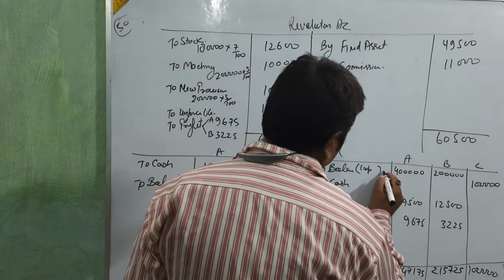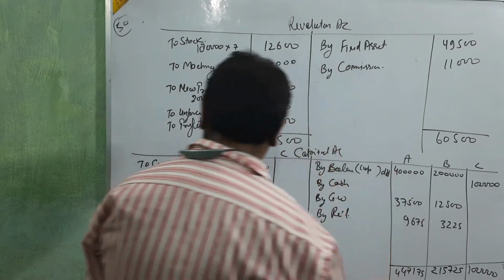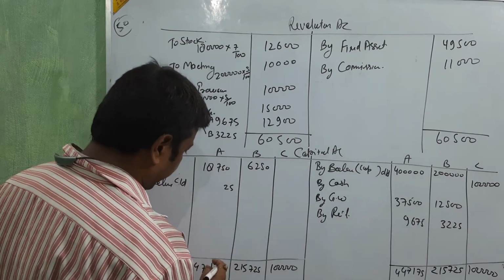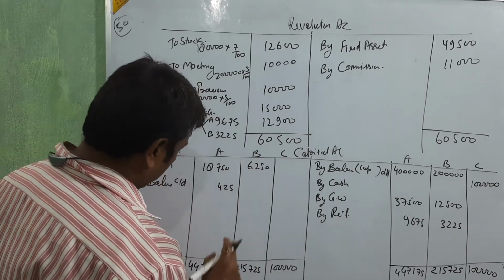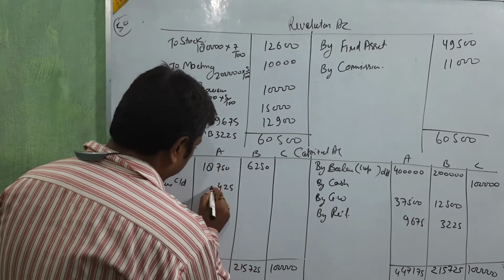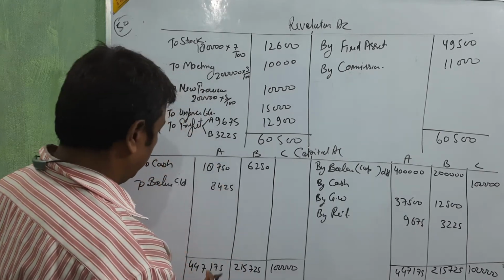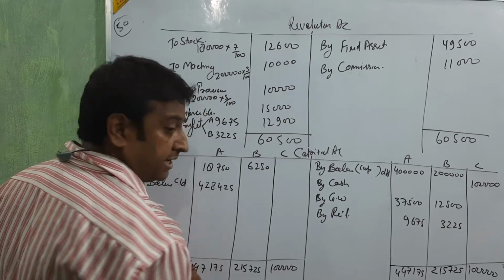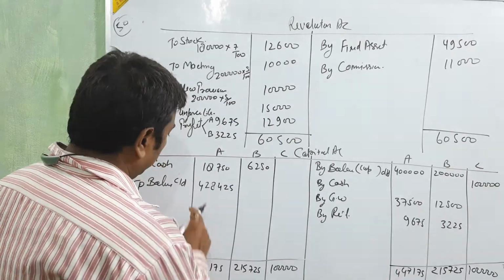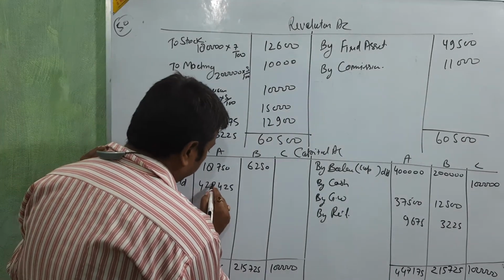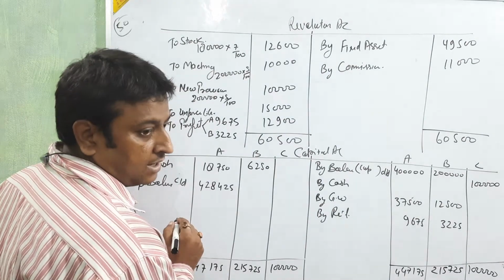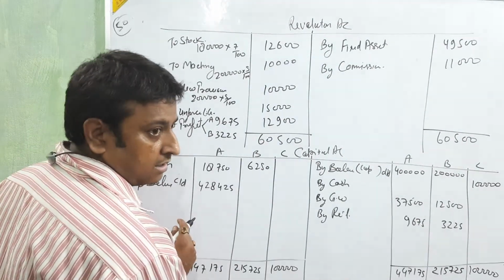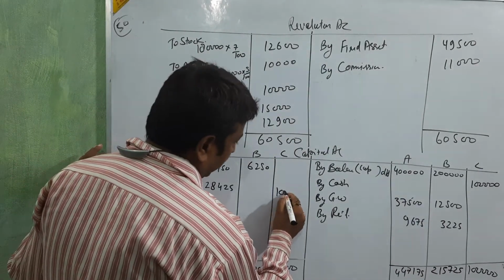Let's take the difference. The capital account comes to 4,28,425. See in the answer: capital balance of A. Yes. Okay, then this to 1 lakh, beta.